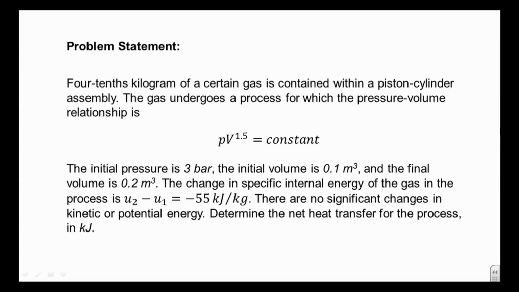The change in specific internal energy of the gas in the process is U2 minus U1 equal to minus 55 kilojoules per kilogram. There are no significant changes in kinetic or potential energy, and we have to determine the net heat transfer for the process in kilojoules.